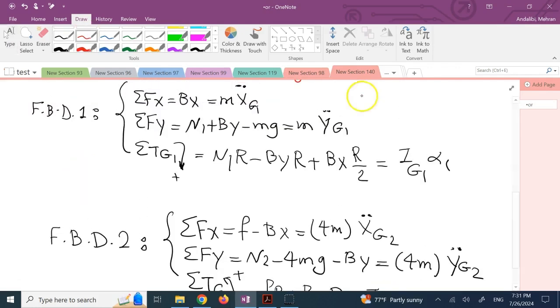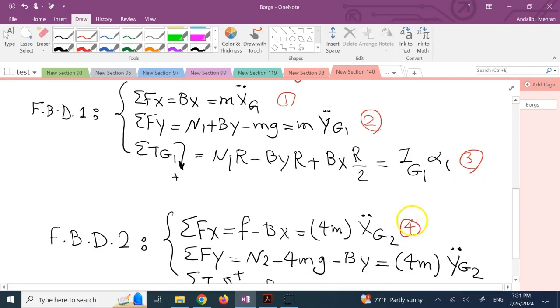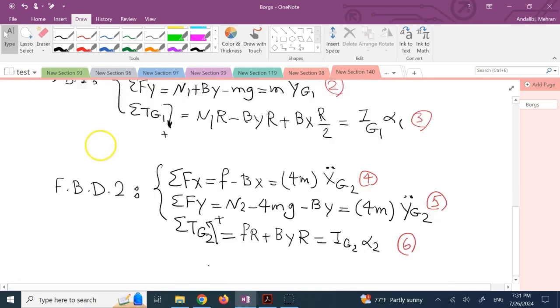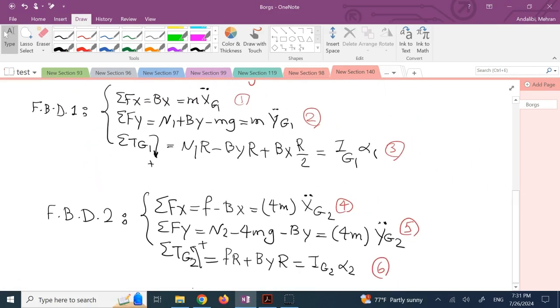So let's number the equations: 1, 2, 3, 4, 5, and 6. We got 6 equations. Let's see how many knowns and unknowns we have here. Bx is clearly unknown, By is clearly unknown, N1 and N2 are clearly unknown, static friction is clearly unknown. The x double dot and y double dot of G1 can be related to alpha 1, so we don't consider them unknown.